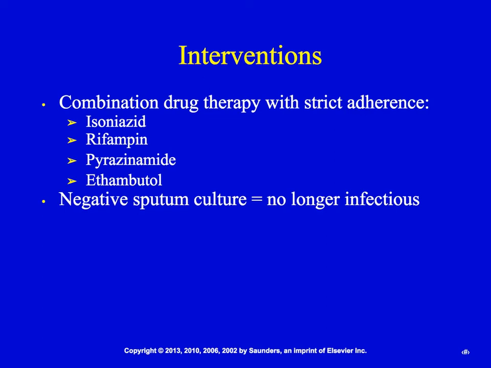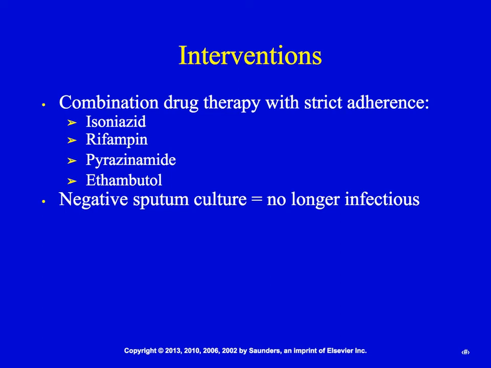So the problem, again, with treatment for TB is compliance. They have to be able to afford it. They have to take them as directed over a long period of time. This can be kind of difficult for the patient to follow, but they need to be very strict in adhering to this in order to get better.